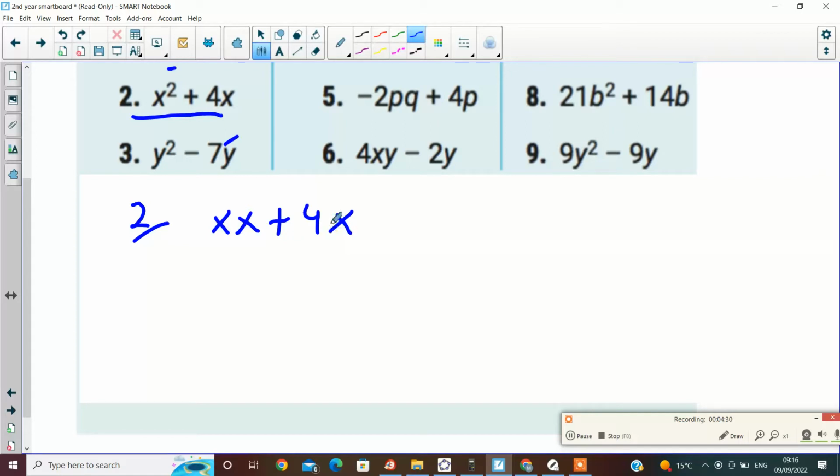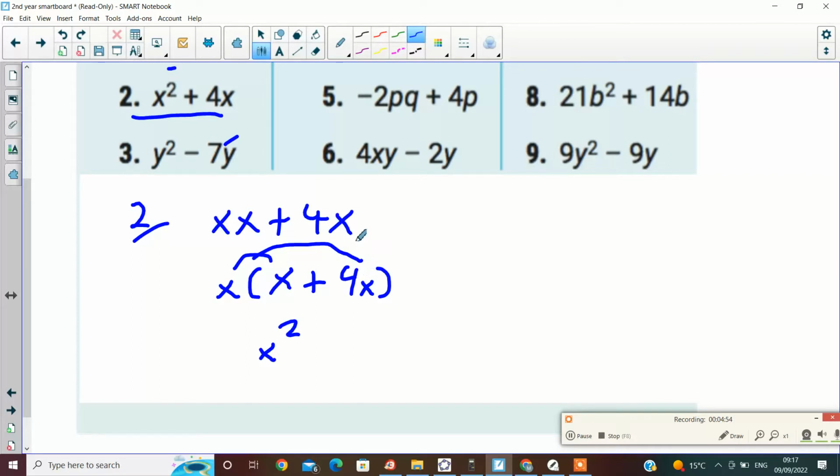Why? Because the 4x only has one of them. So I take out the x, then I open it up. What symbol do I put in the middle? Plus. An x here. Now, if I put a 4x in there, let's test it. It'd be x squared, and then if you multiply that out, that'd be 4x squared. But we want 4x. Just 4, exactly.